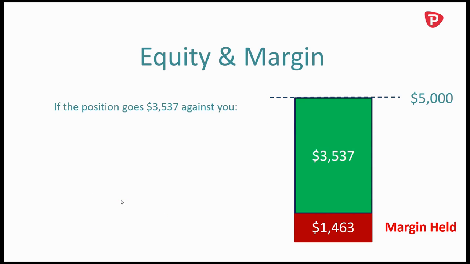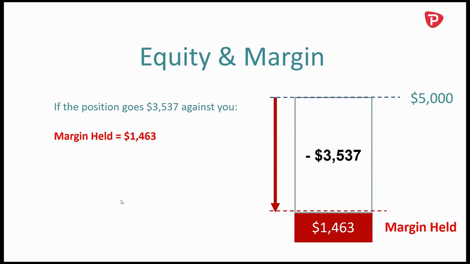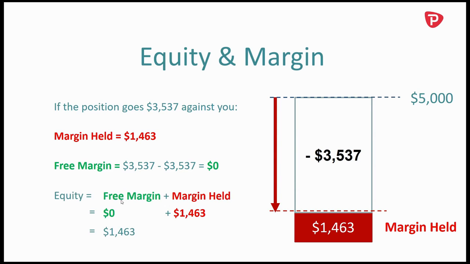Now, what happens if the position goes our entire free margin against us, or in this case, $3,537 against us? This will mean that our margin held would obviously remain the same, but our free margin would go to $0. And this would mean that our equity at this point, if we closed, would be $1,463. At this point, if our trade incurs further losses, a margin call event will soon be triggered.